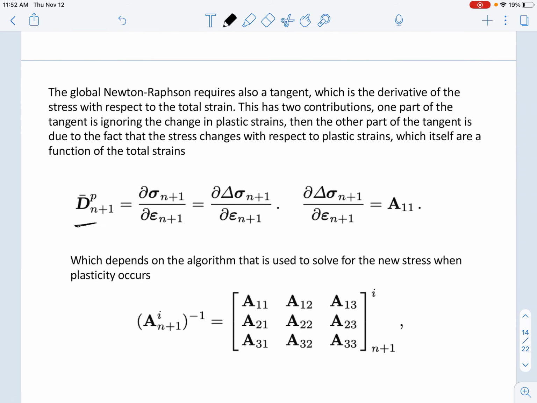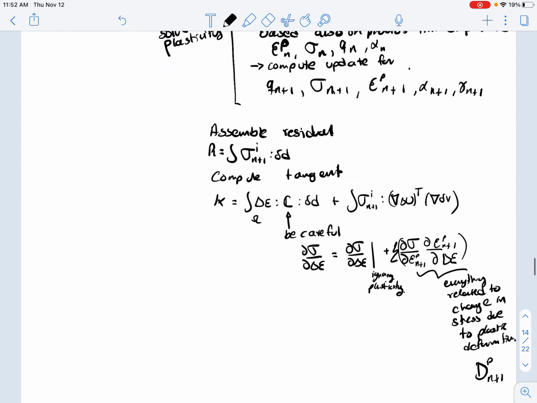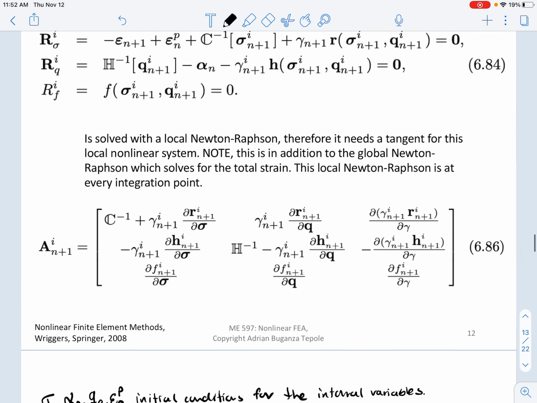For this particular case that I was describing, the tangent is given by, for the local, this is the tangent for the local Newton-Raphson. So you can see here the tangent for the local Newton-Raphson is the entire thing, and it turns out that the first equation is the equation related to the change of stress.